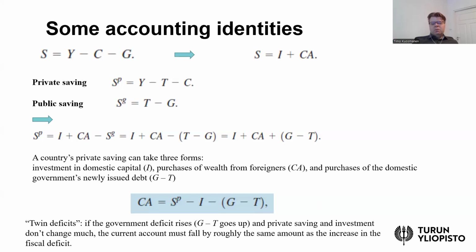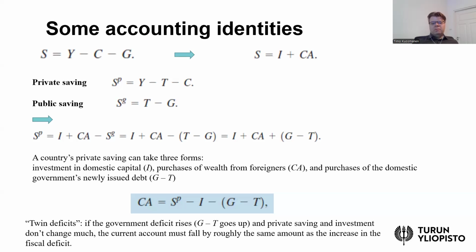This formula of the current account, now highlighted with the blue background color, indicates that the current account depends on both private saving and public saving. The first component we can think of as the difference between private saving and investment.